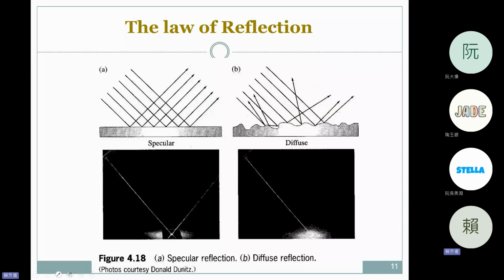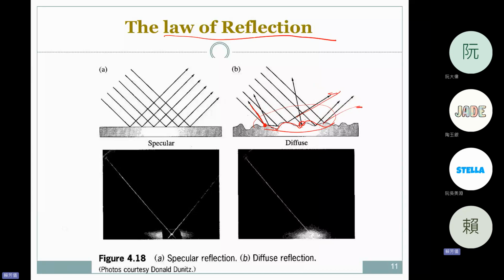But you must notice that at every point where the light impinges on that surface, the surface also follows the law of refraction, meaning the refraction angle equals the incident angle. But the surface is so rough that the total result seems like the light is incident in different ways.